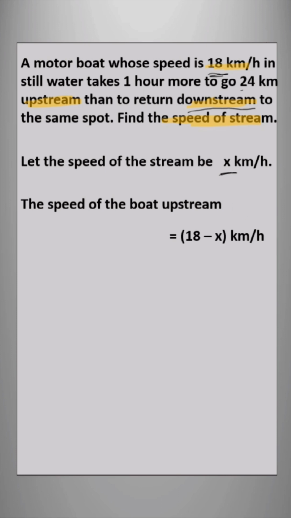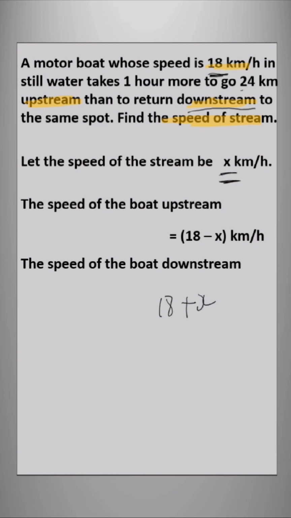Then the speed of the motorboat downstream: the speed of the motorboat is 18 km per hour, the speed of the stream is x km per hour. While going downstream, its speed increases by x km per hour, so we write 18 plus x km per hour.